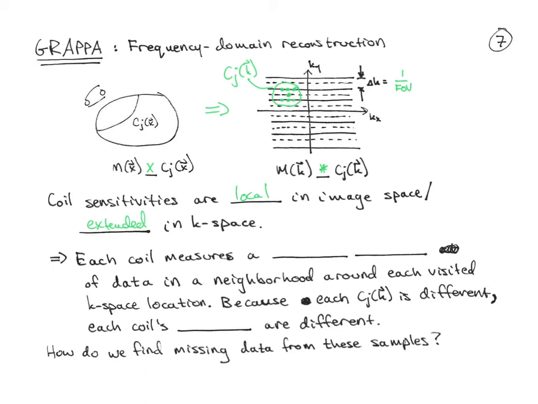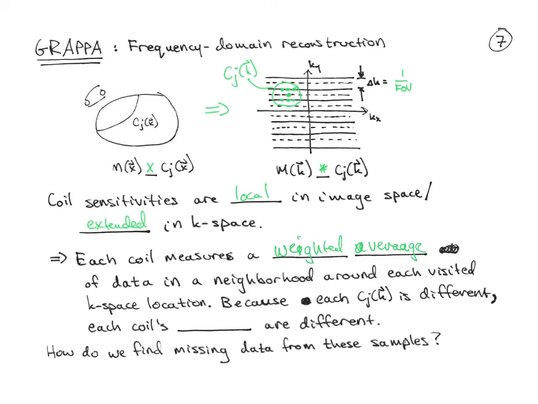They are smooth, but they're still somewhat localized, which means that when we take their Fourier transform compared to a uniform sensitivity, we will get some blurring. They'll be extended a little bit out in k-space, not very far, but a little bit. So each coil then measures a weighted average of k-space data in a neighborhood around each visited k-space location.